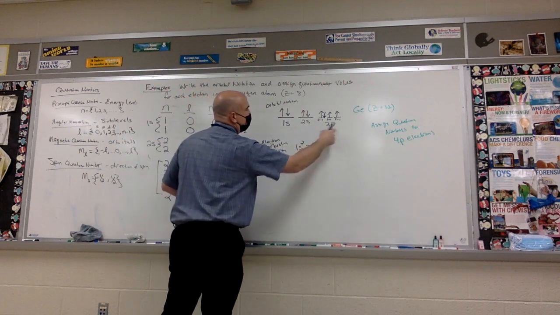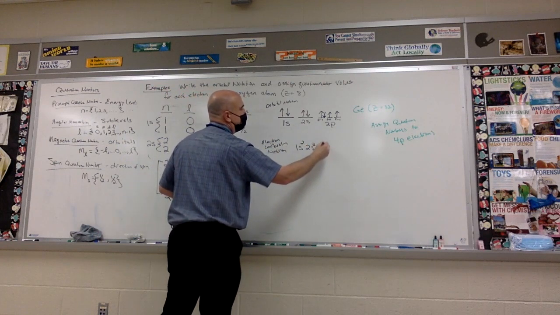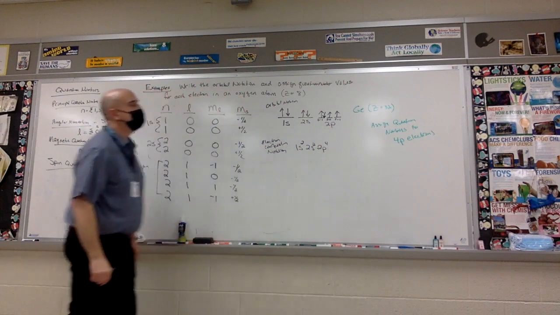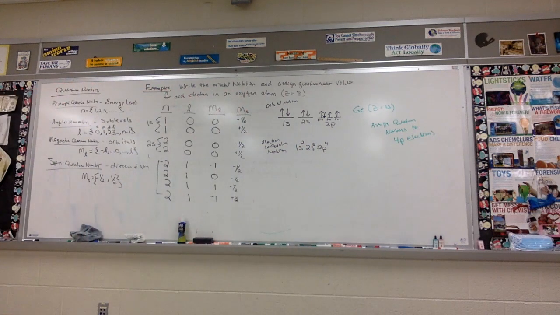And in oxygen, how many are in my 2p? Okay. So a little more condensed, it just doesn't give us as much information. And we are going to learn even shorter notation as we go on. Right now, we're good.